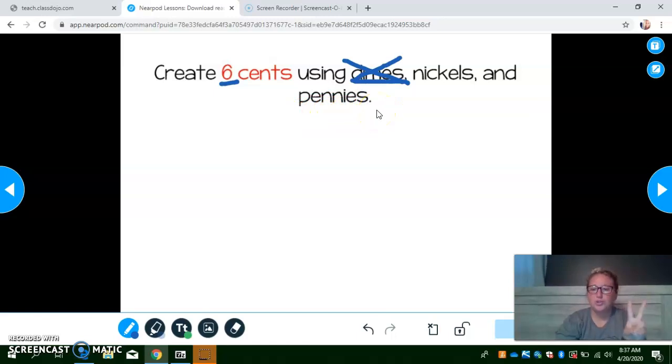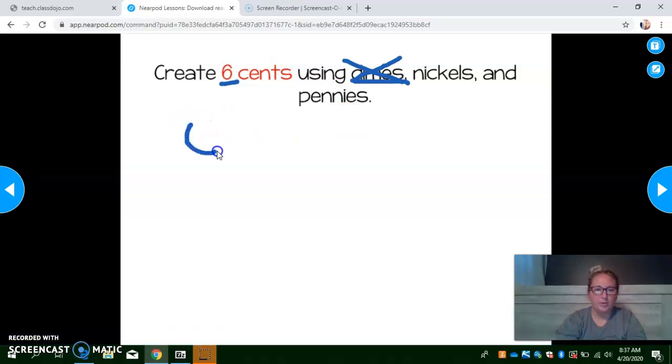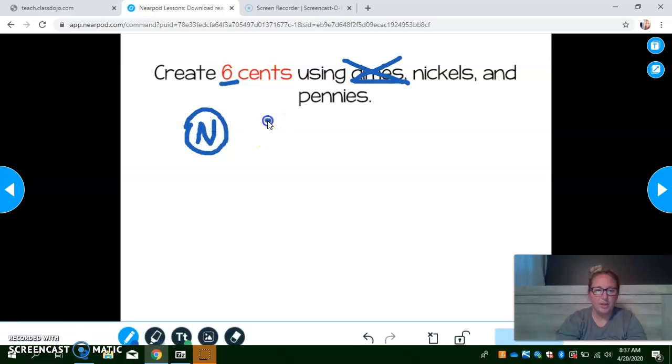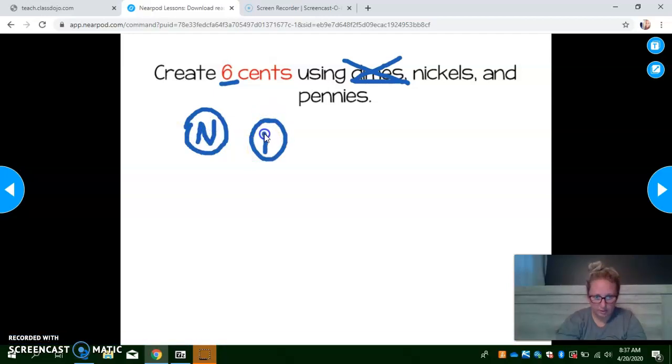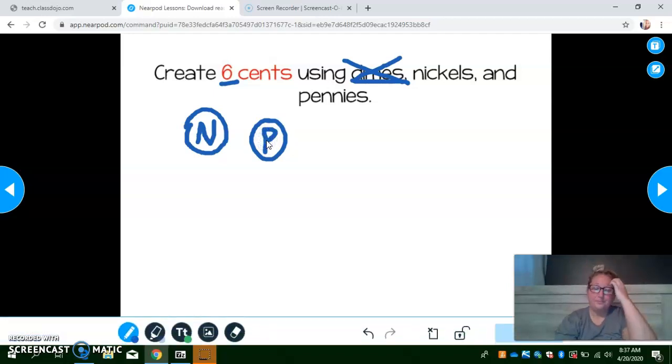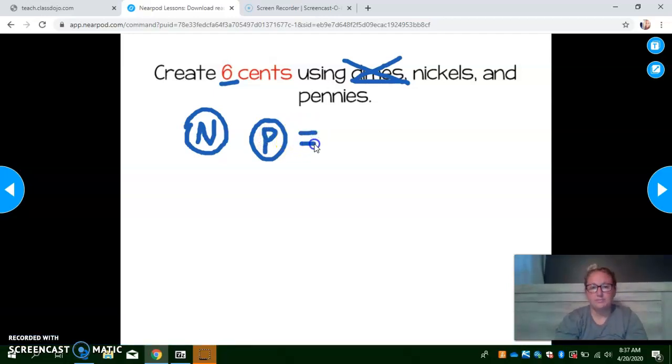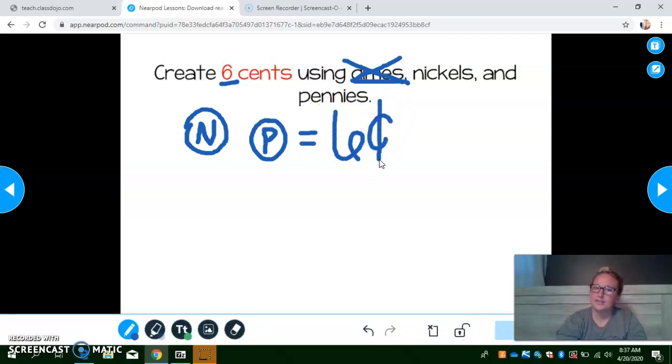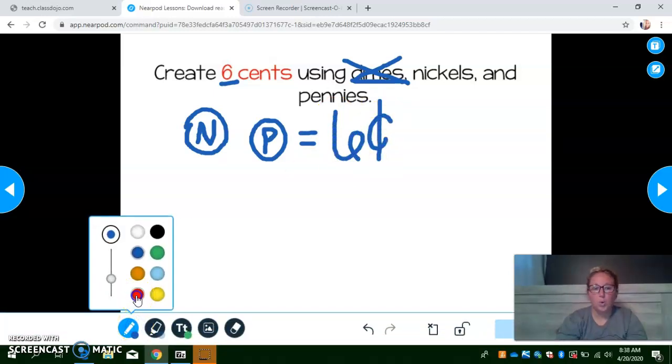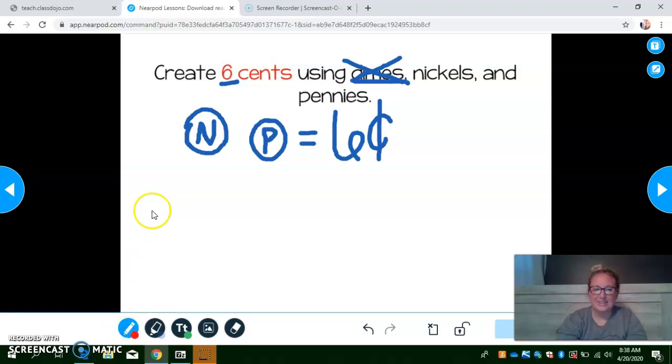Pennies are worth 1 cent. So there's 2 different ways that we could do this. We could create a nickel and 1 penny. That would equal 6 cents. Or you could do it the less efficient way.